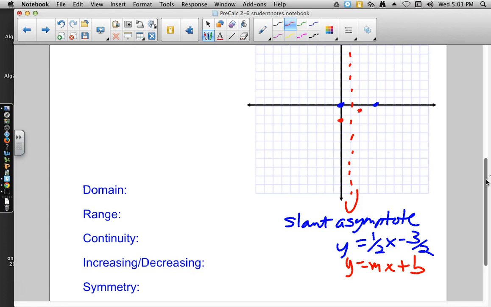And we could go back 2 and down 1, so that we can get the asymptotes that we need here. That one's a little low.